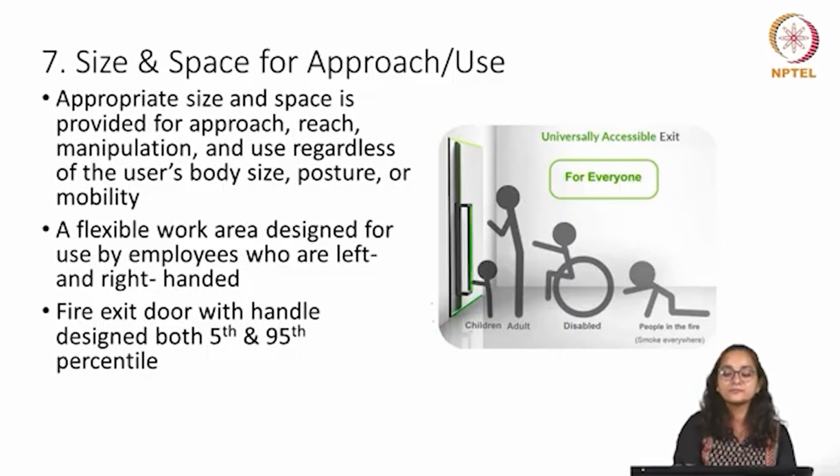For example, if you look at this image, opening the door requires that people of different capabilities are able to reach the handle, and that they are able to use it given the effort and strength it requires, and it also has a space to open. So, all of that. Another very interesting example can be the space in front of an ATM machine.